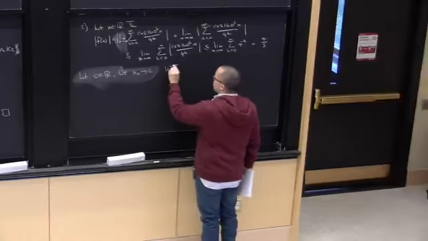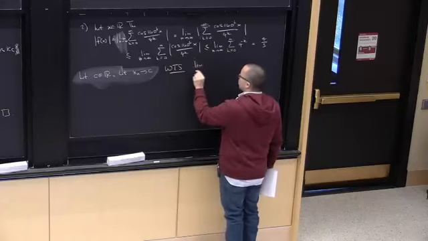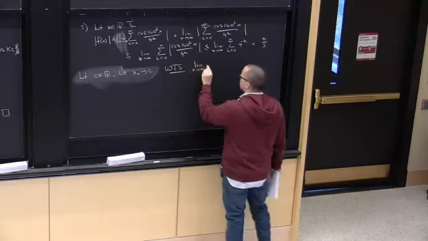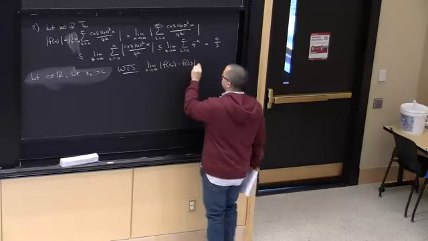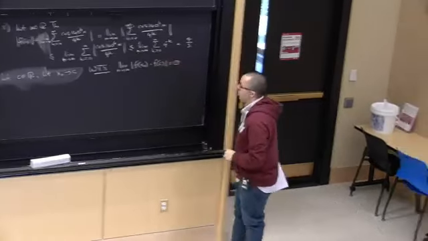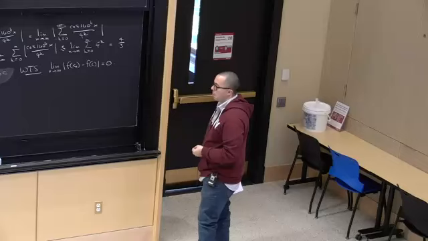So what we want to show is that the limit as n goes to infinity of the absolute value of f of x_n minus f of c equals 0. All right? That's the same as saying the limit as n goes to infinity of f of x_n equals f of c.